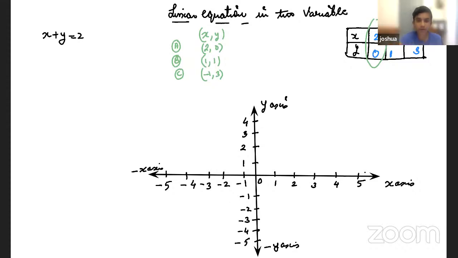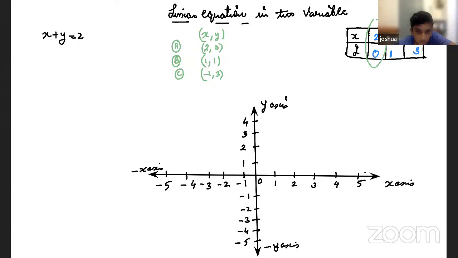The 2 of the x-axis and the 0 of the y-axis. Where will you place it? You can use the pencil, the pen option. Can you see your computer screen? Yeah, so you can mark it.